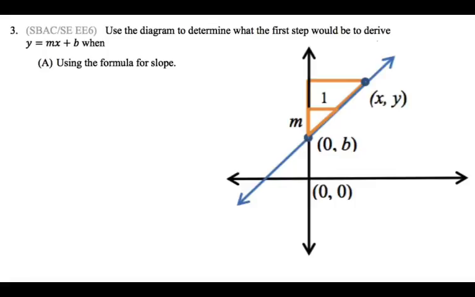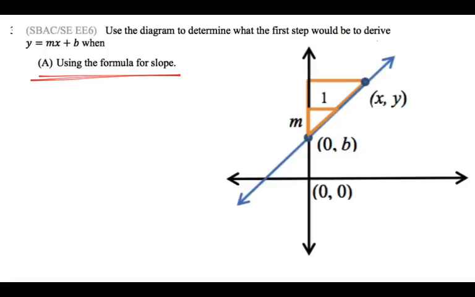Okay, you are going to be asked on your practice test to prove that y equals mx plus b works, given a couple situations. So the first thing you're going to prove is using the formula for slope.